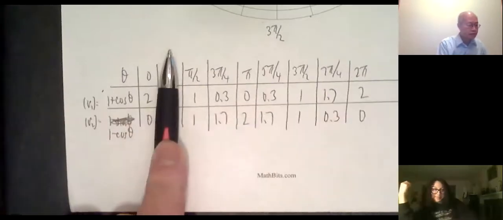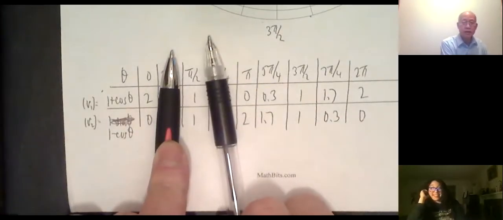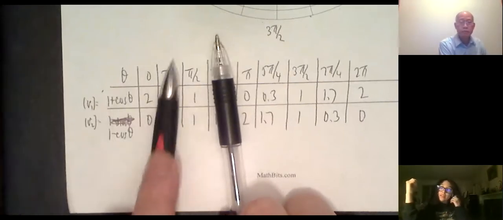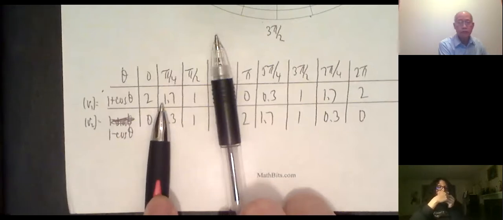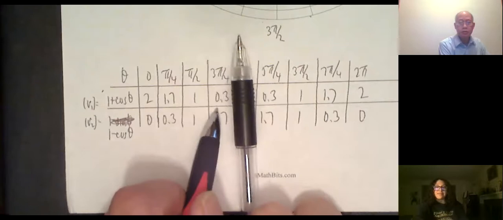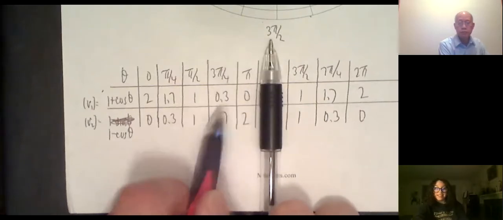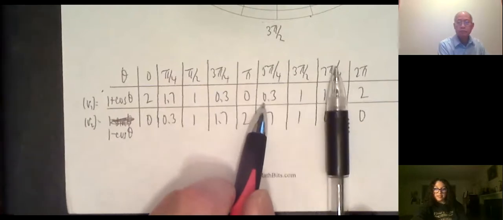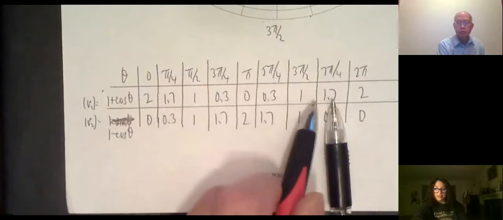Okay, yeah, you already see the answers. But if your table is like this, I say to myself, I'm going from 2 to 1. So what's reasonable? 1.7. I'm going from 1 to 0, 0.3. 0 back up to 1, 0.3. 1 to 2, 1.7.